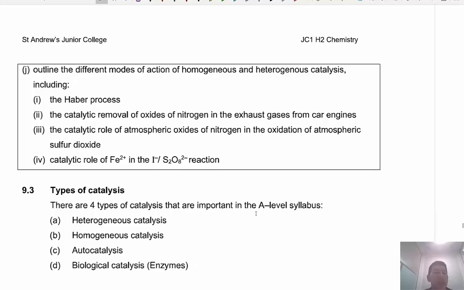Now let's talk about the different types of catalysis. Essentially, there are two main categories. We'll break them up into homogeneous and heterogeneous catalysis.